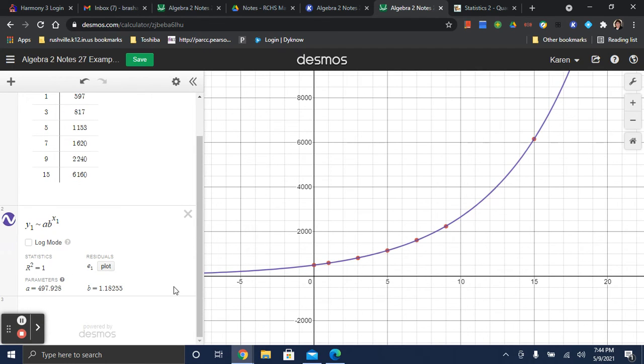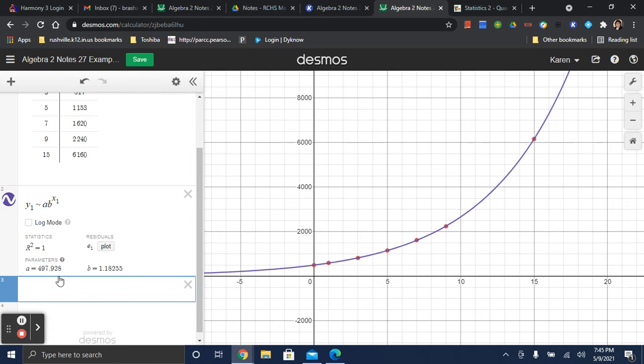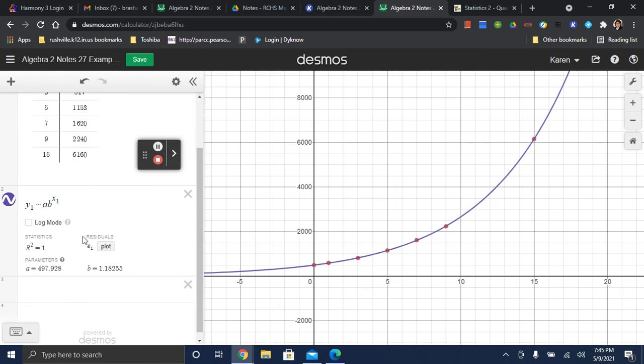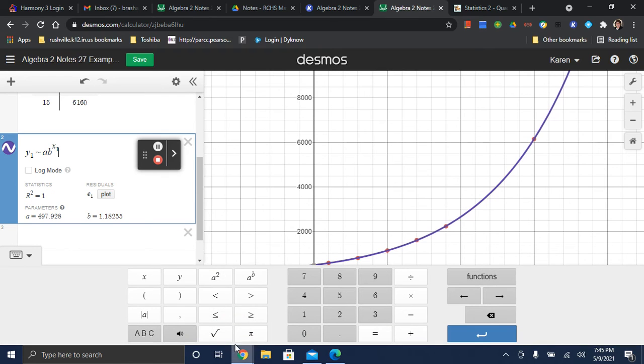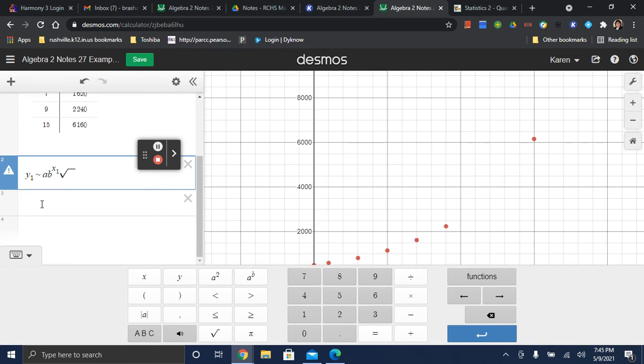So we scroll on up here. You can see that we have an r squared of 1. So remember that r squared is not exactly what we want. We want a value for r. Now, hopefully you know that the square root of 1 is 1, but if you've forgotten, you can do the square root like we did on the first one.